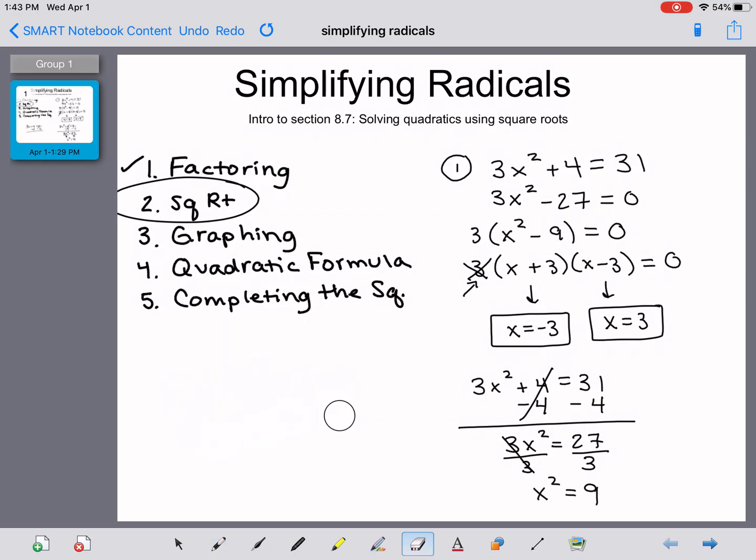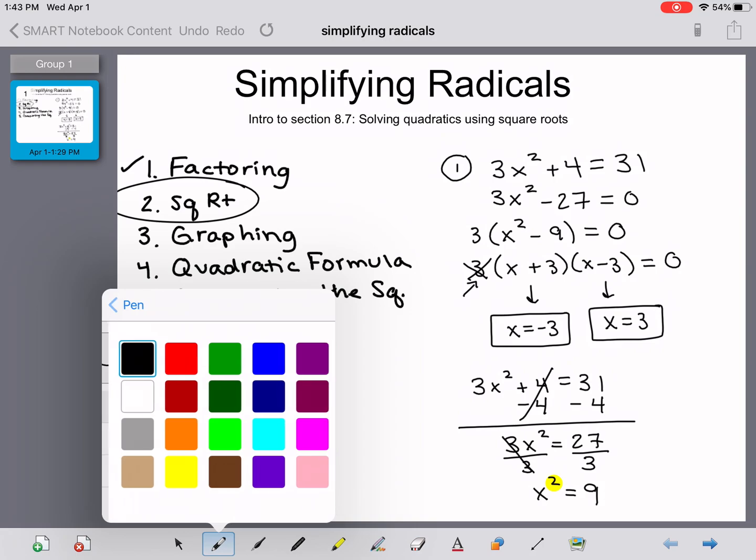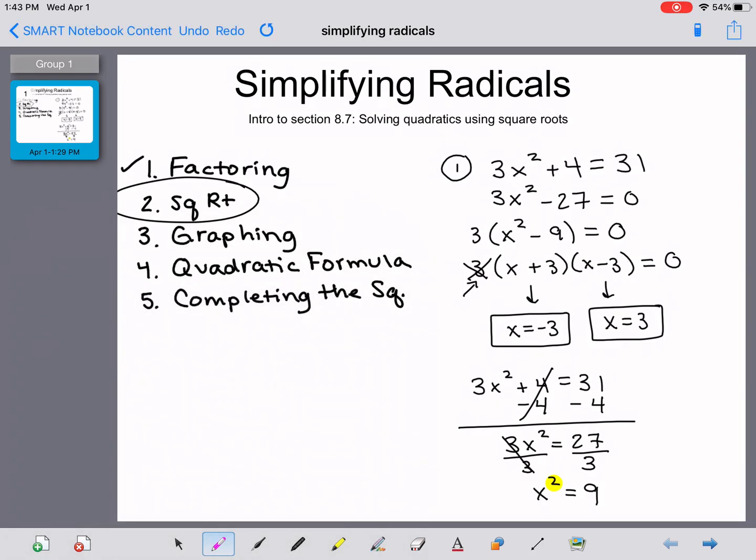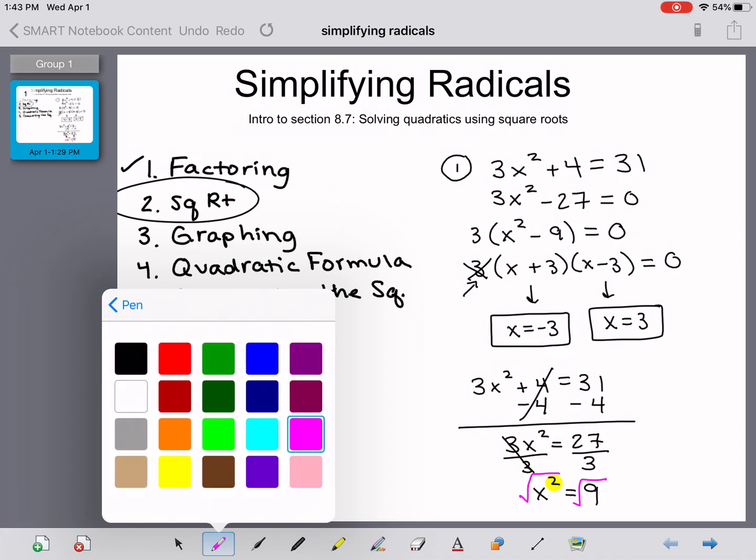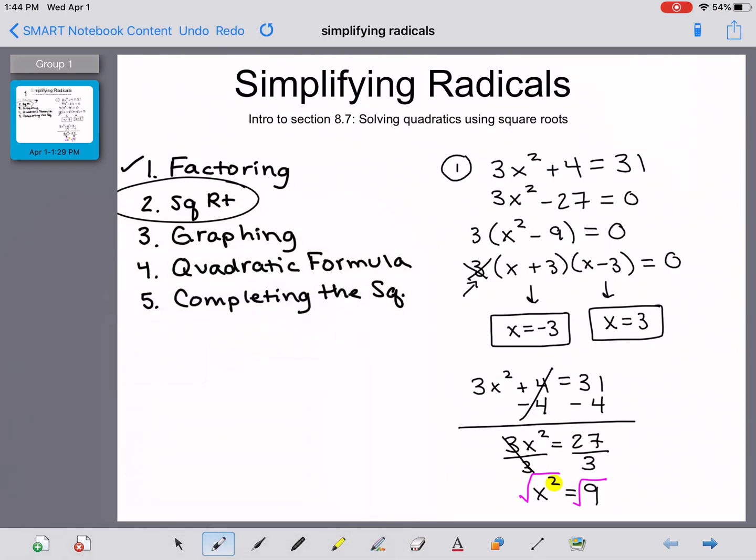Now, here's where the new skill comes in. When you have x squared equals a number, to get rid of that square, we need to get rid of that number 2. To get rid of that number 2, we're going to take the square root of both sides. As long as you take the square root of both sides, you're allowed to do it. When you take the square root of x squared, the square root and the square cancel each other out. And so this left side just becomes x equals.